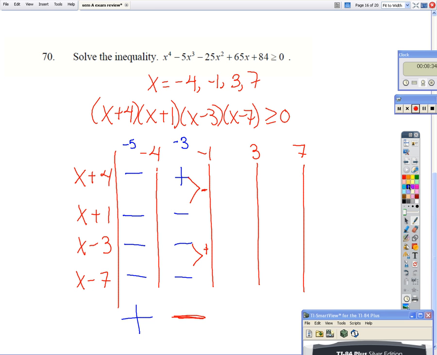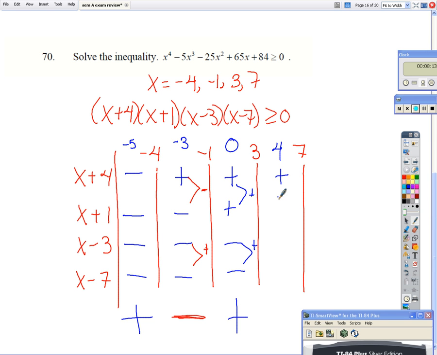I'm going to choose 0 here. So this is going to be positive. This together would be positive. 2 positives is a positive. And then 3 to 7.